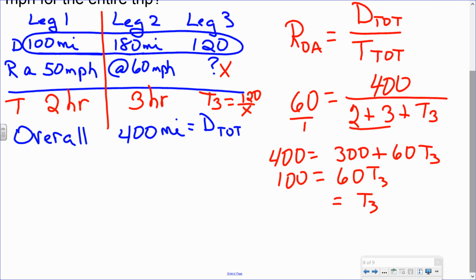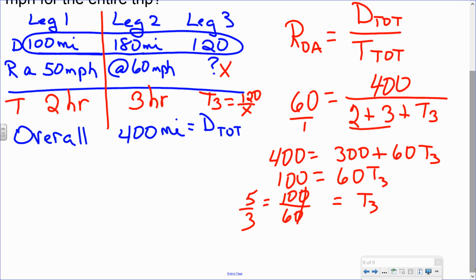So T3 is 100 over 60, 10 over 6, 5 over 3, and I'm not going to round that to a decimal because I still need to use it to figure out my speed on that third leg. And I don't want to reuse a rounded value.